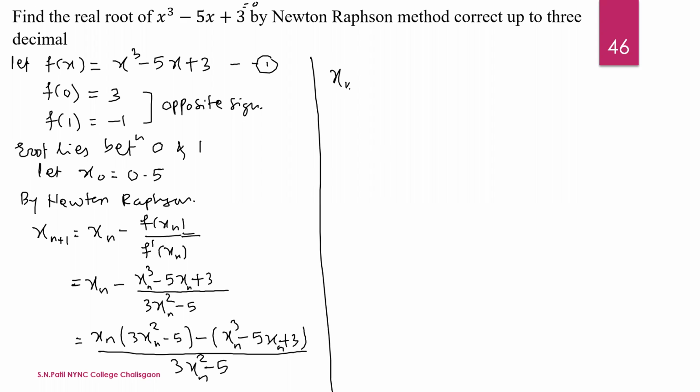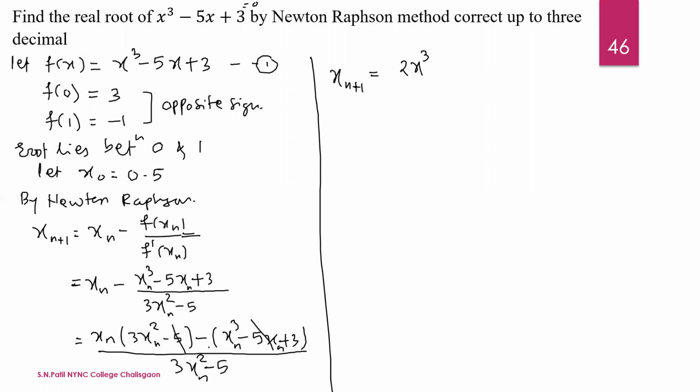x suffix n plus 1 is equal to... now here x is multiplied to this x, it becomes x cube, 3x cube minus x cube, 3 minus 1, that is 2 times x cube. Now x is multiplied to the 5, minus 5x, and this minus sign is multiplied to the minus 5x, minus times minus is plus, so plus 5x and minus 5x cancel.